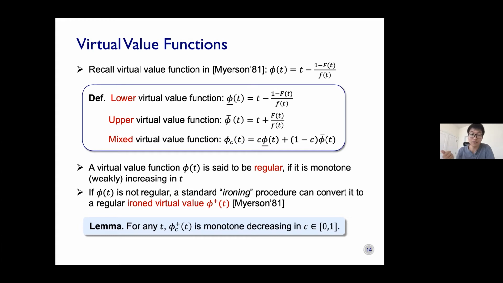Therefore, if c is large, then your virtual value is going to be smaller. But it turns out to be kind of technical to prove it for the ironed version, because the ironing procedure is a complicated procedure. You need to lift the function up to its integral first, then convexify it, and then get it down by taking the derivative again. After a technical argument, you can show this monotonicity is maintained, and that will be important for the result.